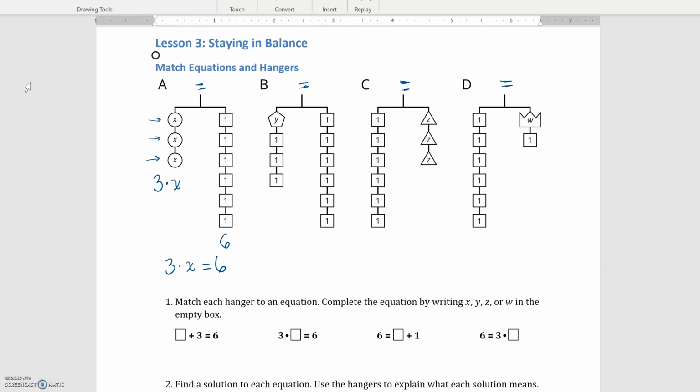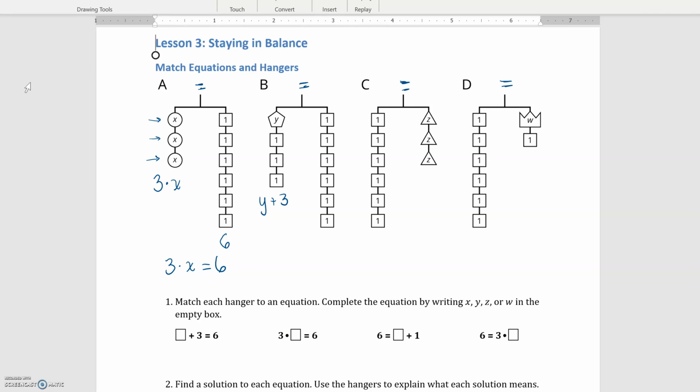Let's look at B together. So B shows on the left 1y and then 3 groups of 1. So I have a y that's different from the 1's, so they're separate things. So I have 1y and then 3 groups of 1, which gives me a value of 3.